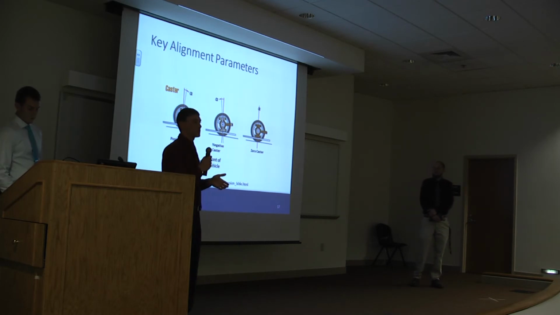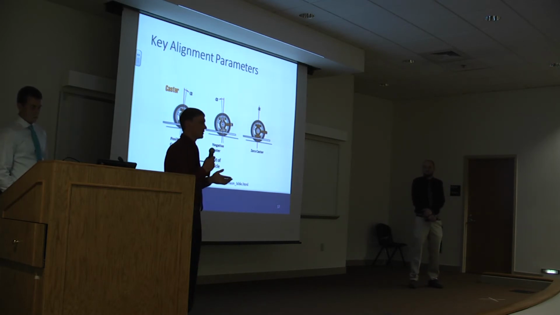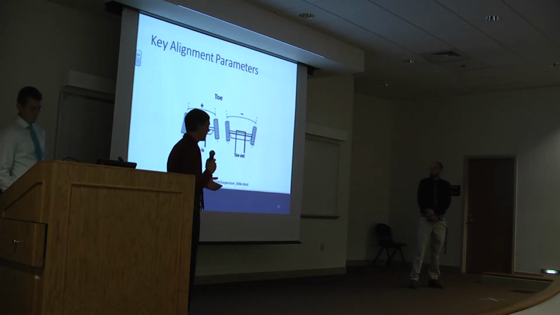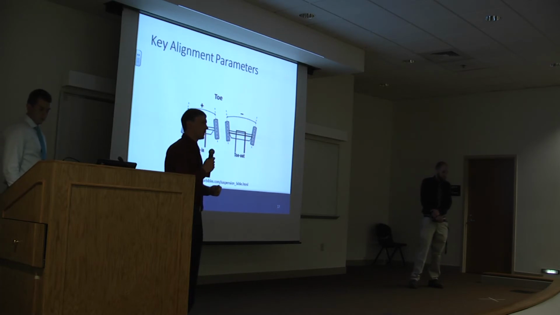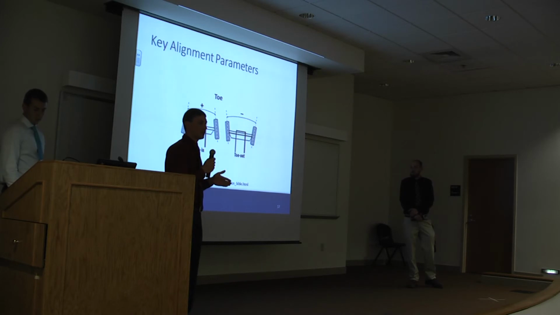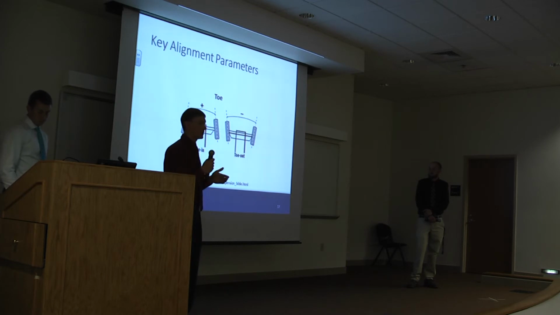However, if you have too much positive caster, it makes the vehicle difficult to turn. Finally, we have toe. This is a top-down view looking at the wheels. If the tires are angled in towards each other, there's positive toe, also known as a toe-in condition. This will allow the vehicle to maintain straight line stability at the sacrifice of turning.